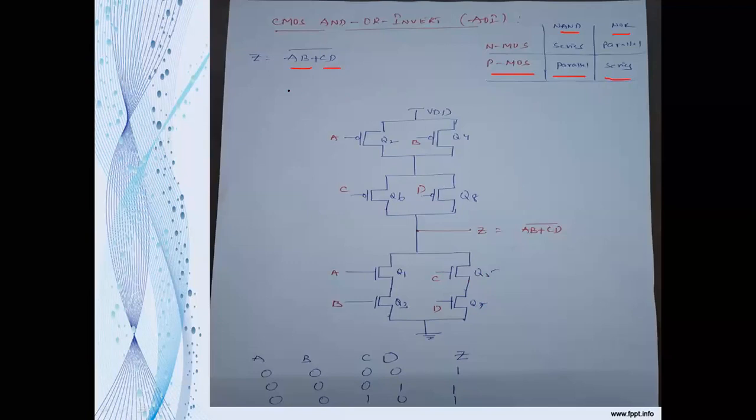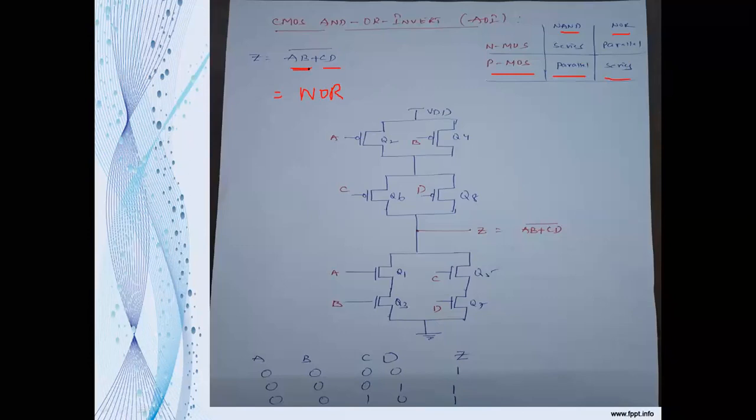But what is the exact output operation? The exact output operation is the NOR operation. So what about the conditions in NOR? For the NOR, the PMOS is in series and the NMOS is in parallel. Now, what is the first term for the NOR output? In the NOR functionality, what is the first function?